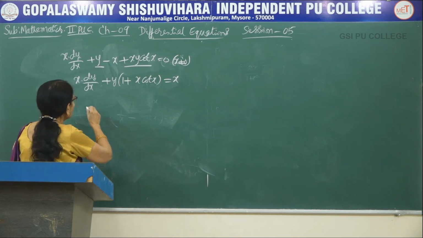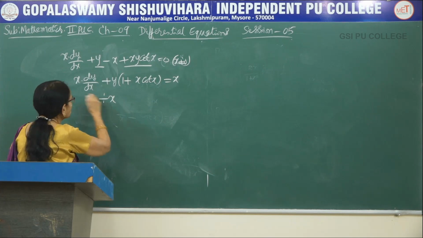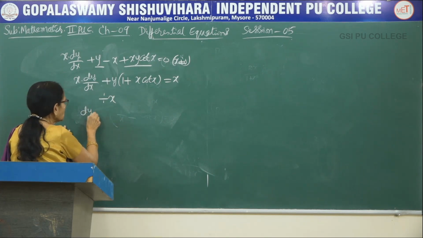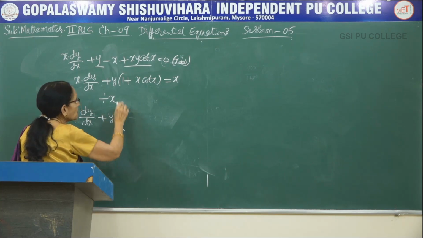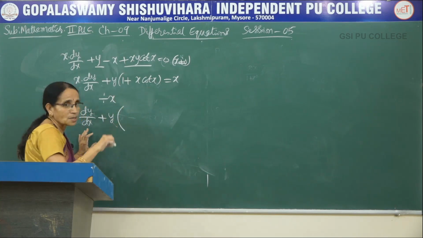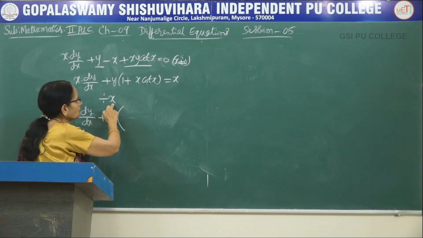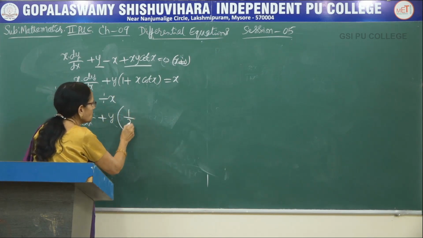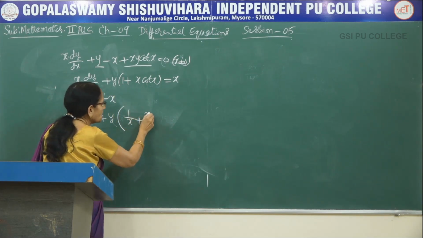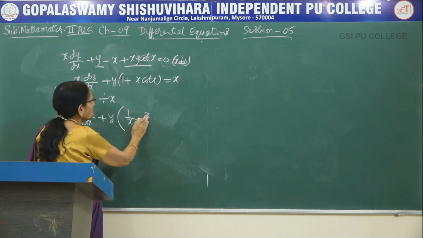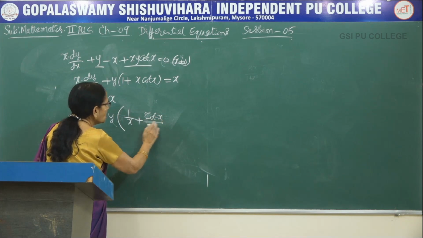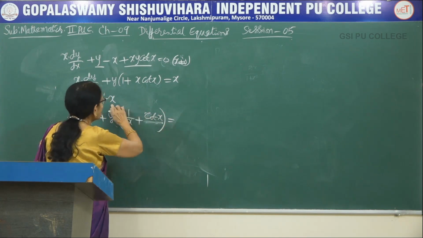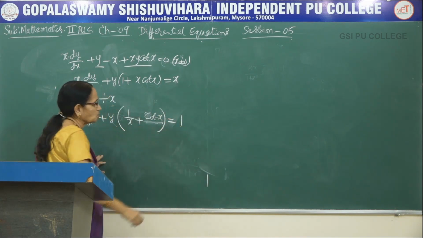Now divide by x, therefore dy by dx plus y into, here there are two terms inside the bracket, divide both of them by x, that is first one becomes 1 by x, second one x into cot x by x, that x is cancelled, cot x is remaining, right hand side x by x, that is 1.